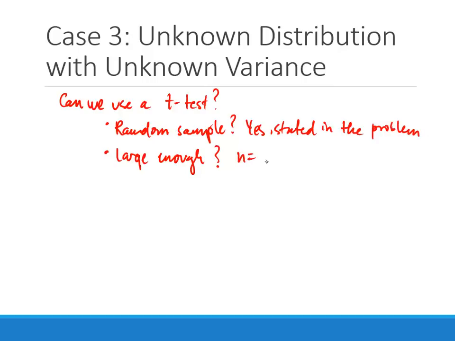And of course my sample size here is 50, which is bigger than our 30 cutoff, so we're good to go there. So can I use a t-test? Well, of course I can, right? But again, just want to make sure when you don't know the distribution, you want to make sure your sample size is big enough to make sure you're not going to get some funky result going on here.